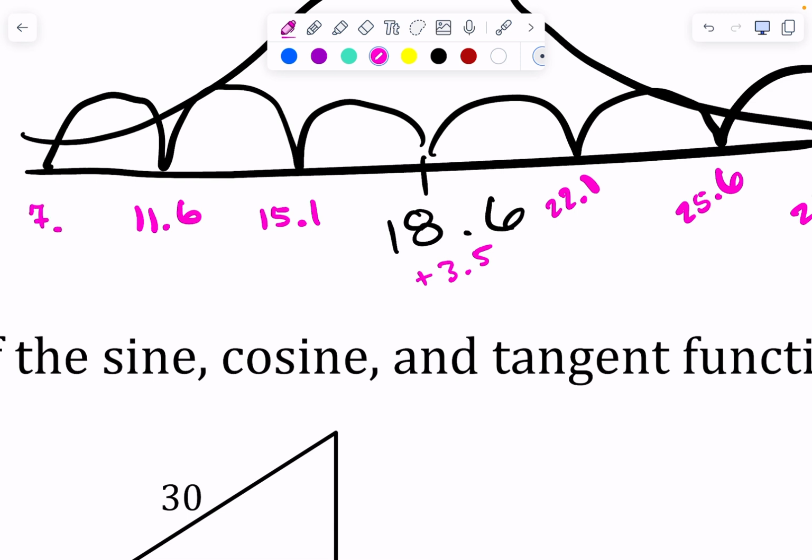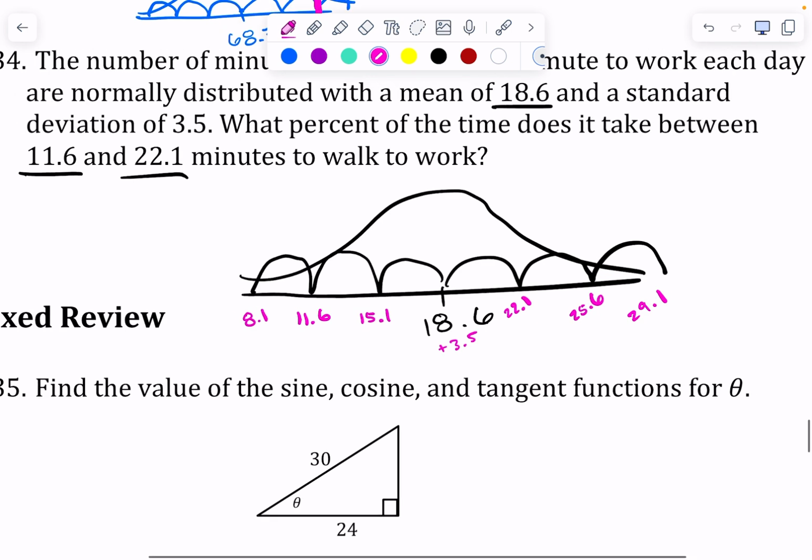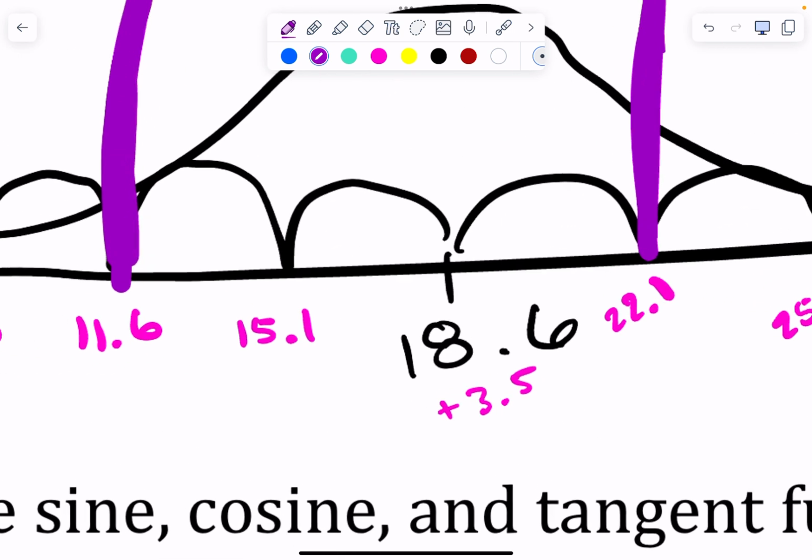If I subtract, I get 8.1. That's my adding and subtracting the standard deviation. Got it? I want to know 11.6, which is here, and 22.1, which is here.